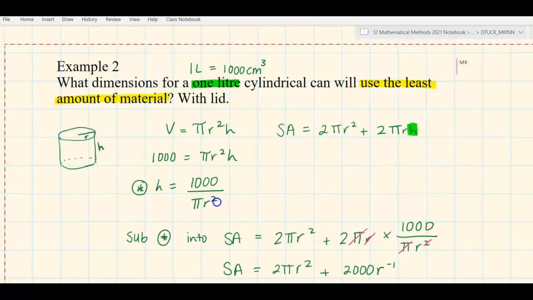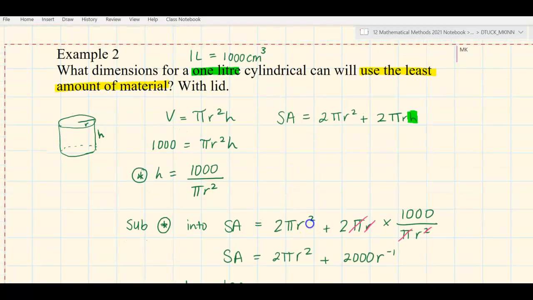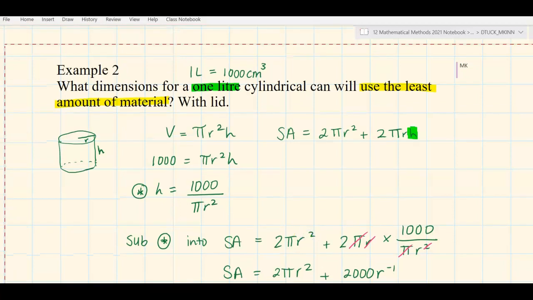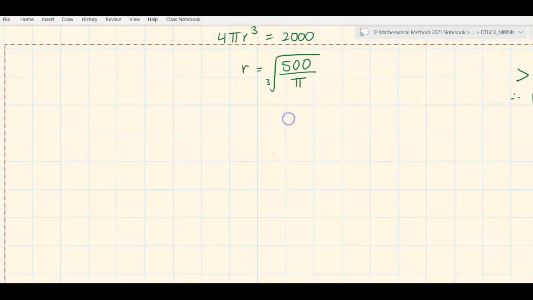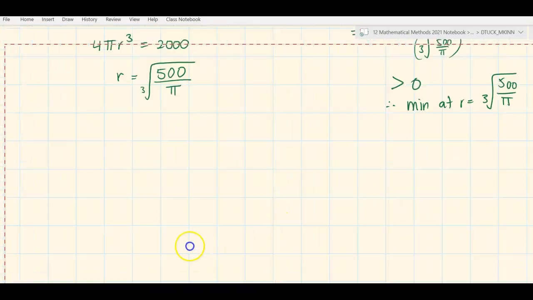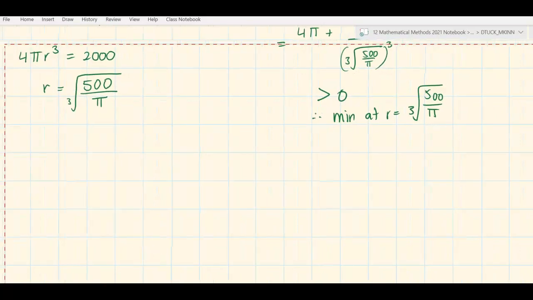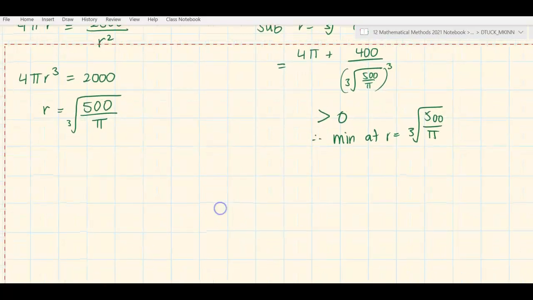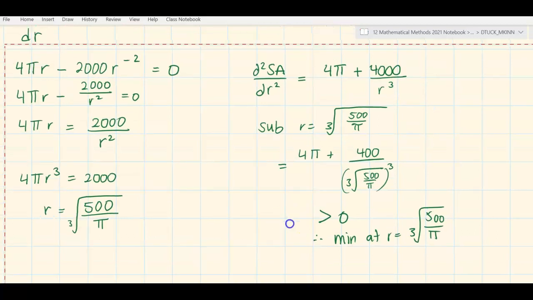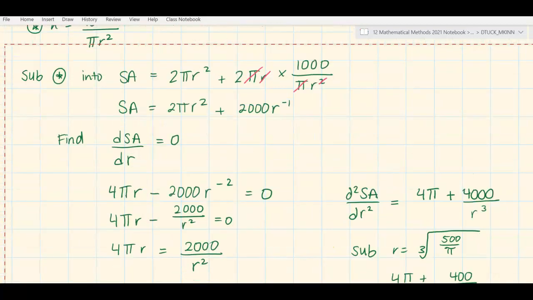All right, so then the question says, what dimensions? What sort of dimensions is the question asking for? Height and radius. Are you going to spend time in this exam finding the volume? Nope, it didn't tell me what the volume was. So we've got the minimum radius, and now we just need to go back to that formula that had height in terms of radius.